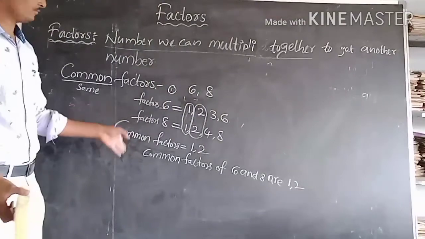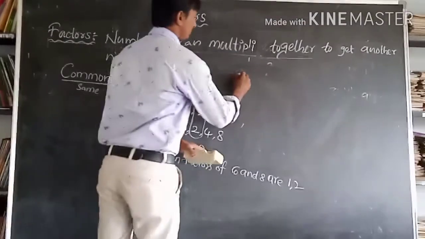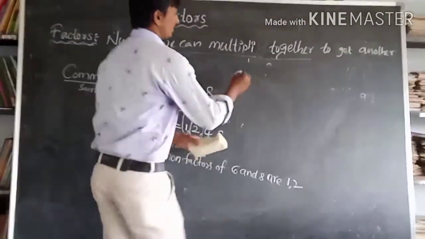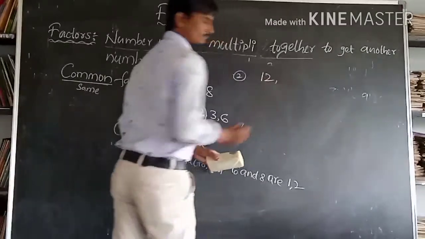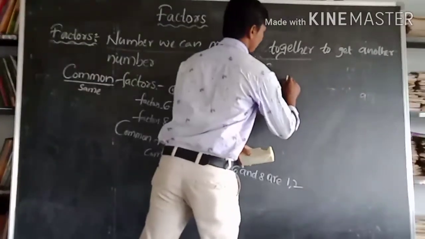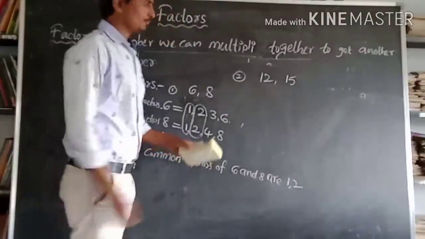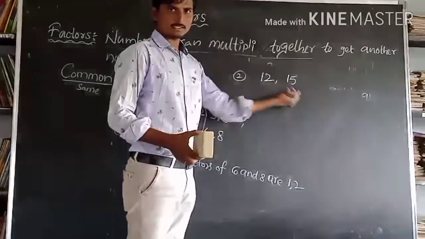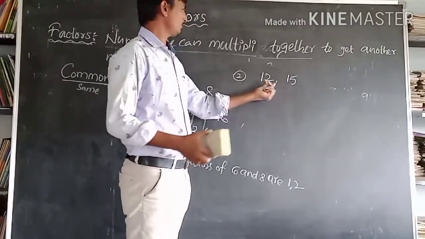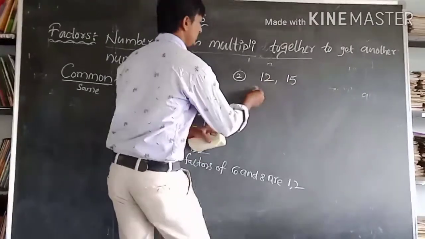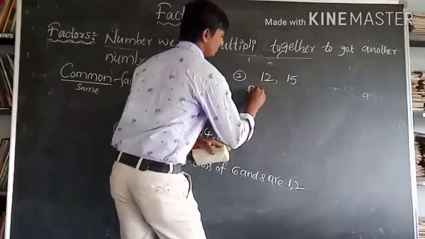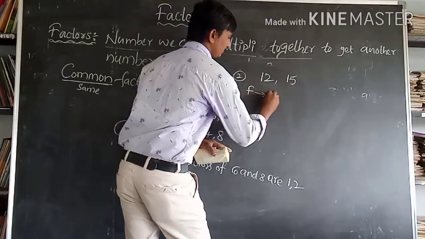So those are the common factors of 6 and 8. We'll take one more example so we can understand very clearly. Take 12 and 15. These are the two numbers. Now find the common factors of these two numbers. First find the factors of 12.